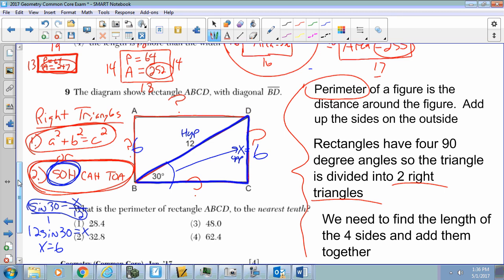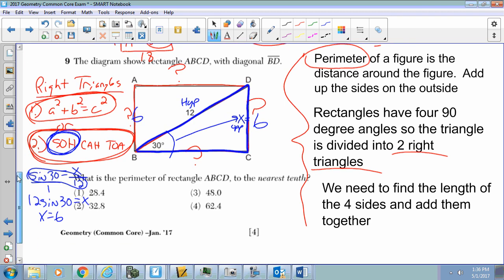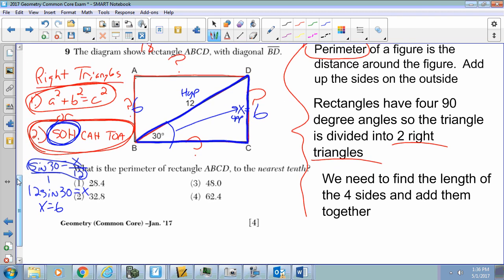Now we have to find the other one, which we can now find down here, BC, because it's going to be the same as AD. So with BC, I'm going to use my given information, which was the 12, and this is going to be my adjacent side. So I'm going to use cosine for this one.